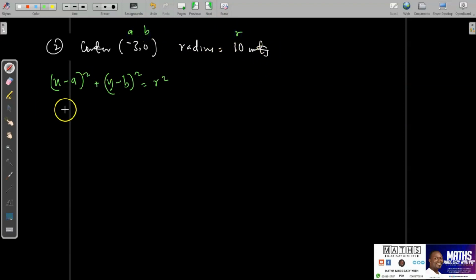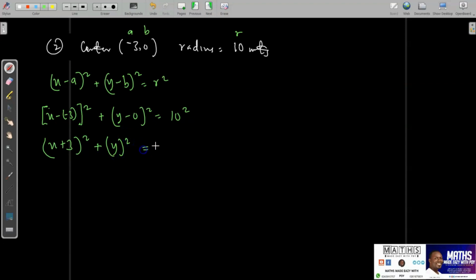So you just substitute. You have (x minus negative 3) squared plus (y minus 0) squared equal to 10 squared. Now this will give us (x plus 3) squared plus y squared equal to 100.